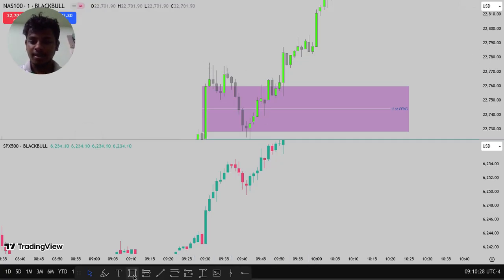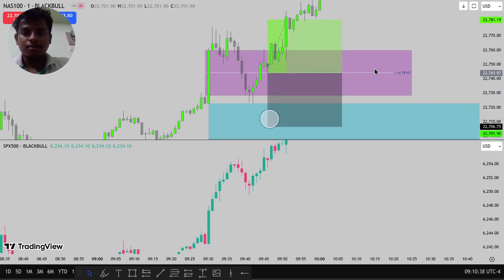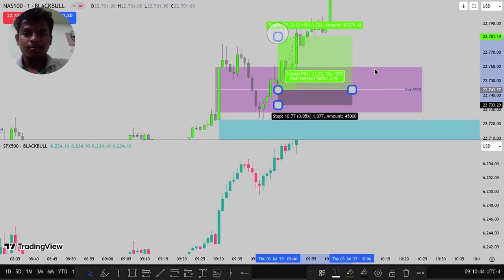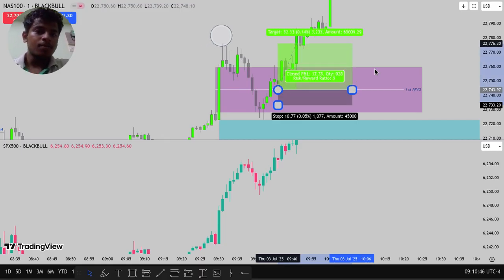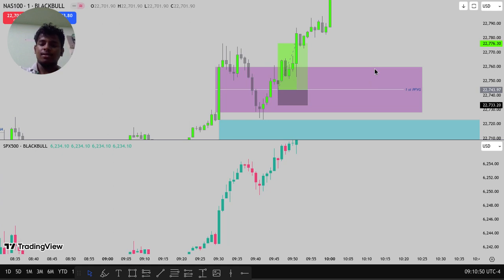If you take a trade like that, it's all. It's a very beautiful trade. Risk reward is 1:3.